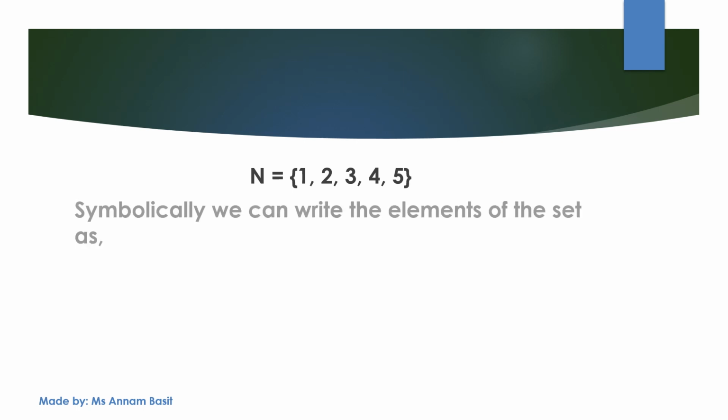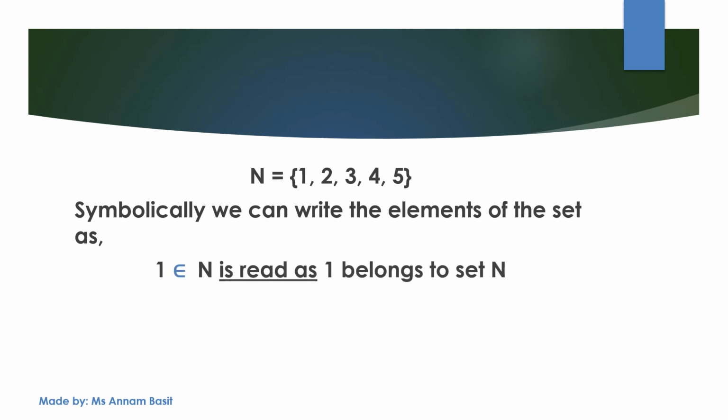Now let's take an example from the previous slide, the set of first five natural numbers. N is equal to 1, 2, 3, 4, 5. Symbolically, if we want to write the elements of the set, we're going to write 1 epsilon N, which is read as 1 belongs to set N. 2 epsilon N is read as 2 belongs to set N, and so on.